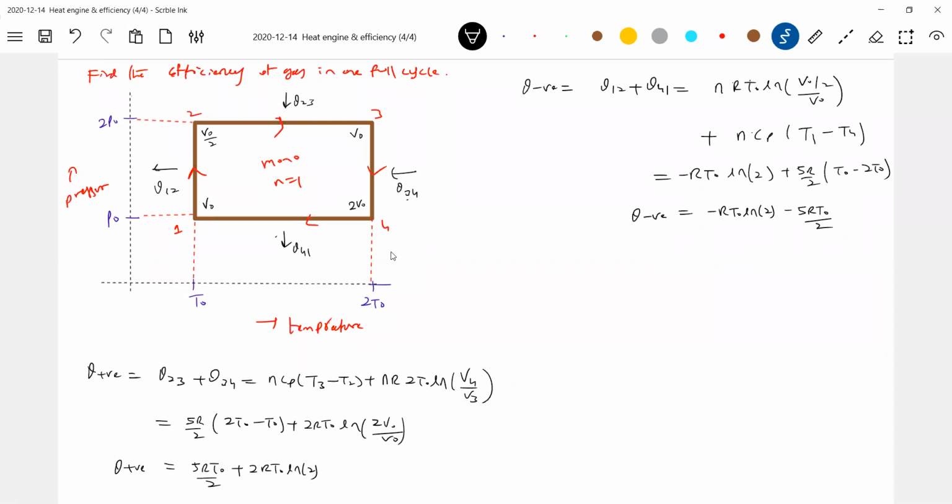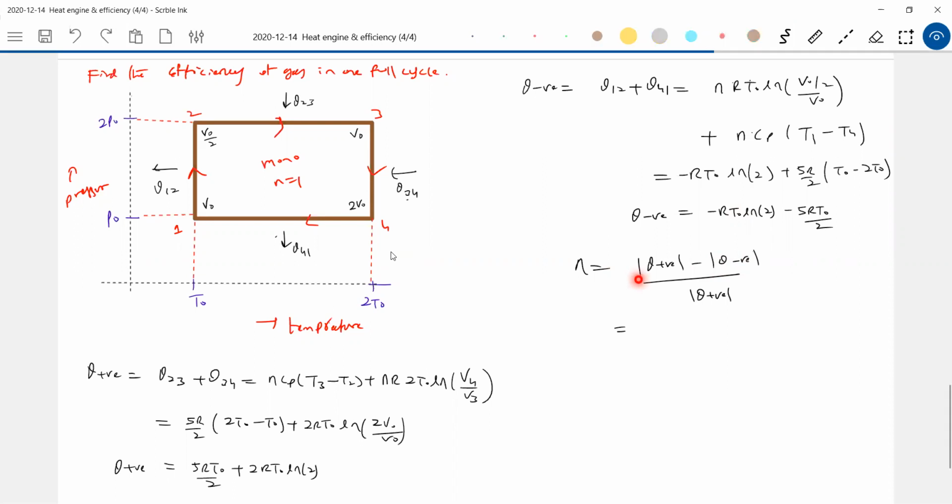Okay, then what is our basic formula for efficiency? Q positive. Now why am I taking the mod? I think you can justify this. If I don't take the mod here, what problem arises? Negative of negative will become positive. Efficiency will become more than 1. Not possible. We don't have any engine whose efficiency is more than 100%.